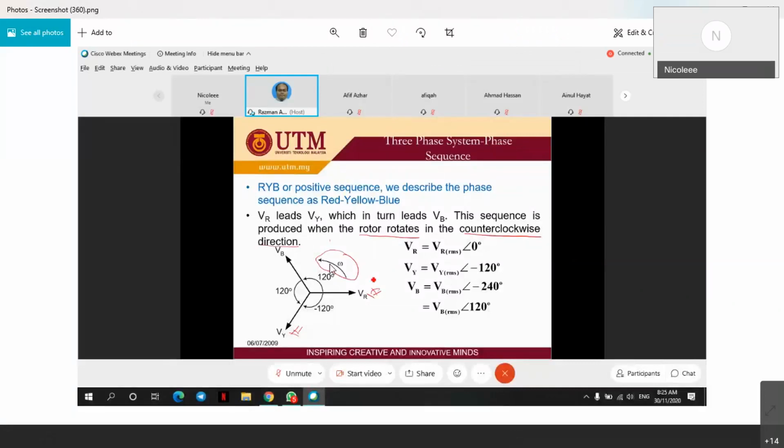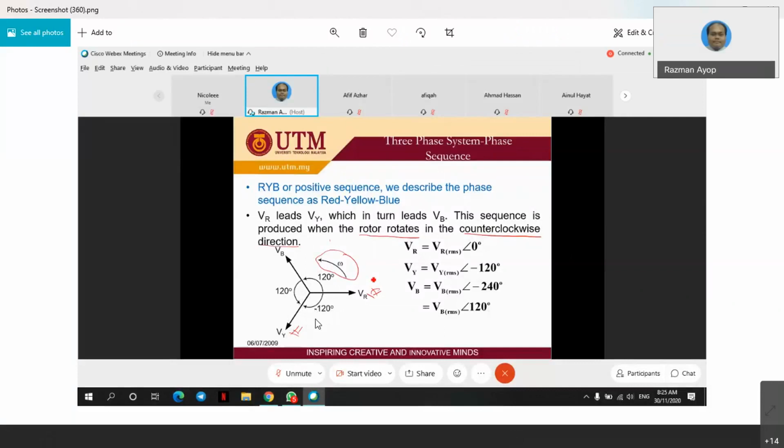This diagram, doctor, VB is supposed to be negative 240 degrees, right? This one is the positive sequence, right? Yes, negative 240.